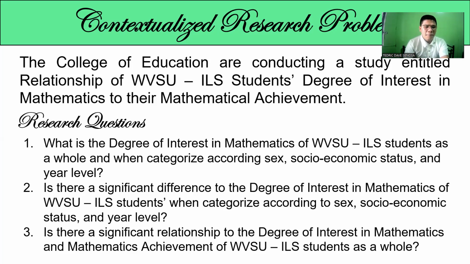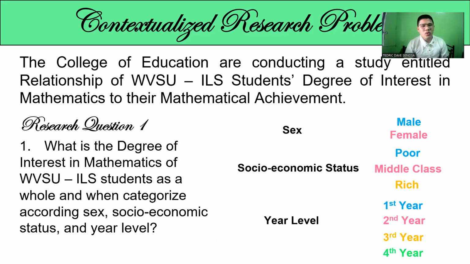Okay? So we will discuss each research question one by one, how we could do the statistics in SPSS, and of course how to interpret it in your chapter 4 and 5. Let's start with question number 1. What is the degree of interest in mathematics of WVSU ILS students as a whole and when categorized according to sex, socioeconomic status, and year level?